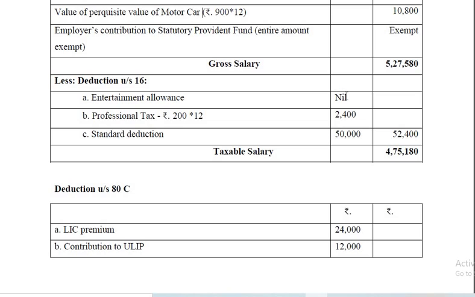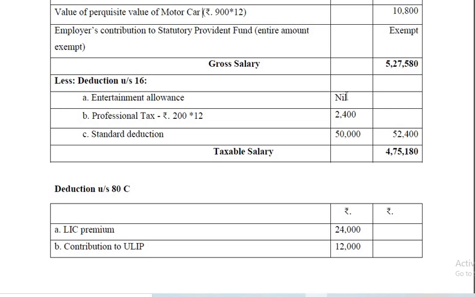I told you if the employee is a government employee, there would have been a deduction. What is the deduction? In that case, the least of three values: actual entertainment allowance received, rupees 5,000, and 1/5 of basic salary. Of these three clauses, the value which is least should be taken as exempt.